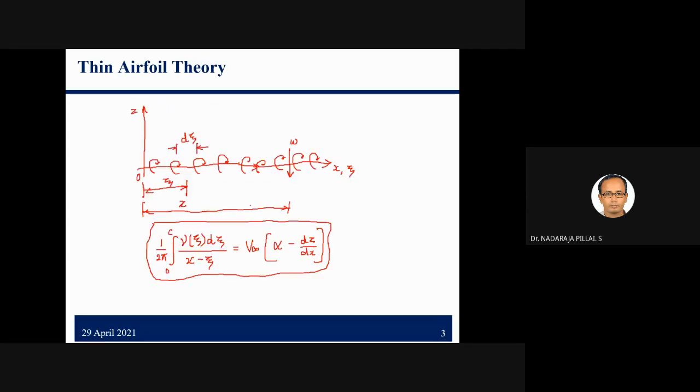So now we know the equation: 1 by 2 pi integral 0 to c gamma of zeta d zeta by x minus zeta is equal to V infinity alpha, because I consider a symmetrical airfoil where dz by dx equals 0.